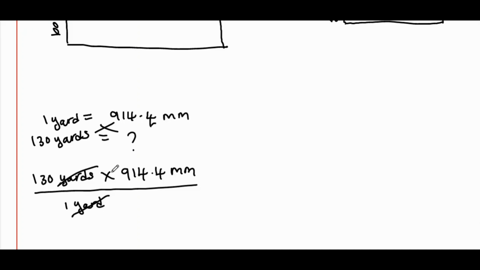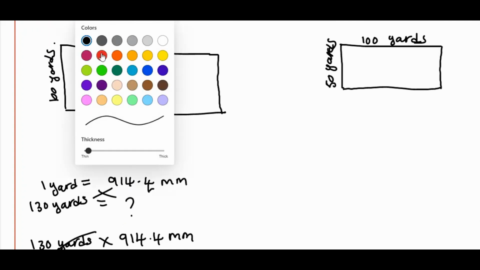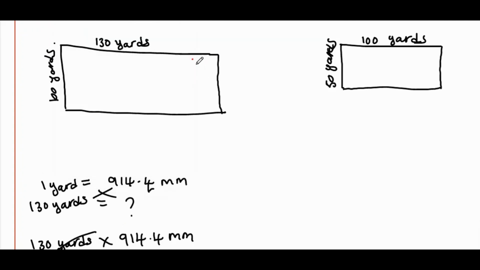So yards cancel out, you're left with 130 multiplied by 914.4. Now, this one becomes 118,872 millimeters.